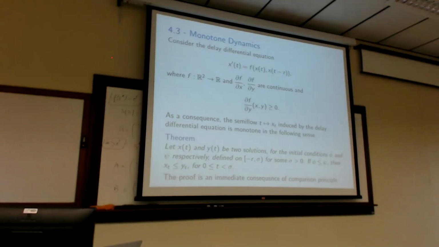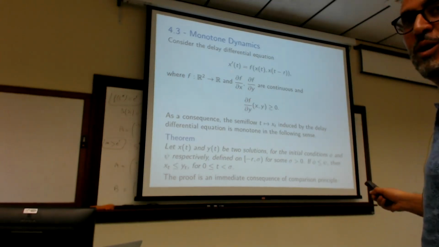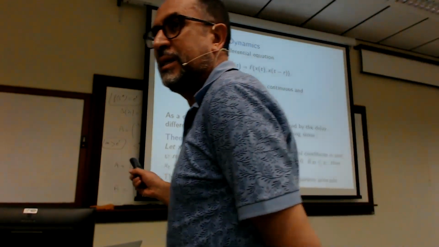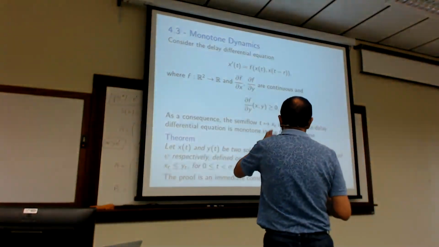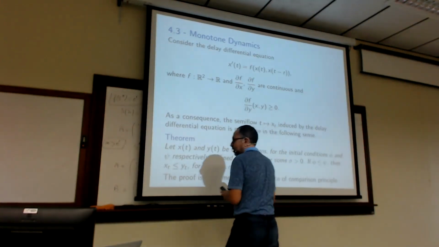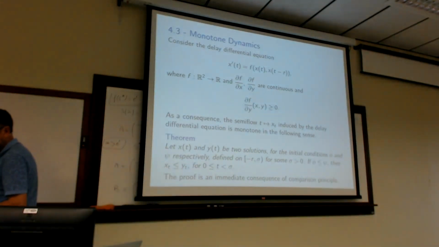So many times we don't need the characteristic equation to have stability of steady state, and in general global stability. Because the consequence of this is what we call a semi-flow. It's monotone, but be careful. It's an increasing function, but this is strange.